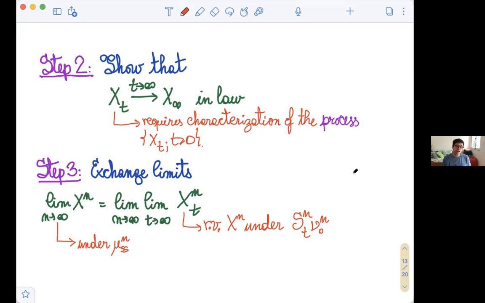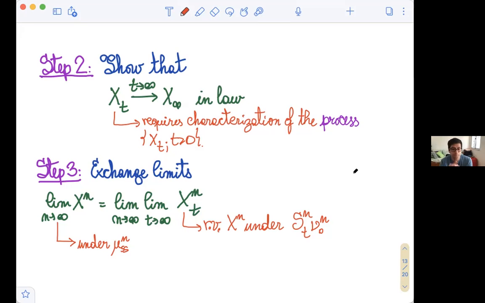But if you're able to exchange the limits in n and t, what you are going to be able to do is to prove a scaling limit of xn with respect to the stationary state mu s. And that will give you at least a partial, depending on how fine is your random variable xn, it's going to give you some partial or some complete description of the stationary state.